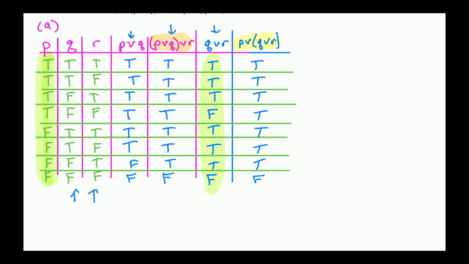Okay, so that's how I fill out this truth table. Now once I fill out the truth table, remember what we're actually looking at here is we're supposed to be comparing this column and this column. And if they're the same, then those two things on top are logically equivalent.